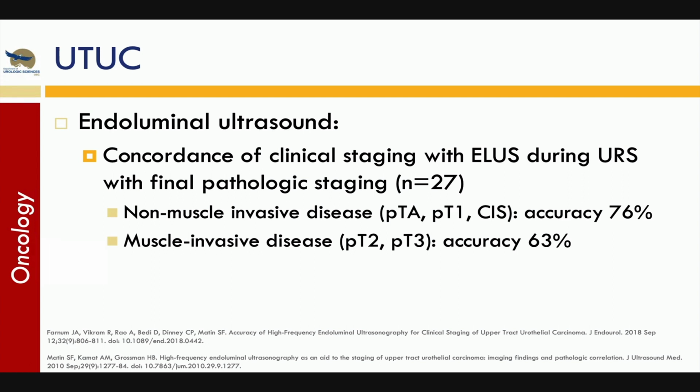They found that for non-muscle invasive disease, there was slightly better accuracy versus muscle invasive disease. Obviously, more studies and perhaps better instrumentation are needed before this is incorporated into practice. But for upper tract, there's notoriously poor concordance of your diagnostic uroscopy findings with your final staging. So I think this is actually not bad, all things considered.